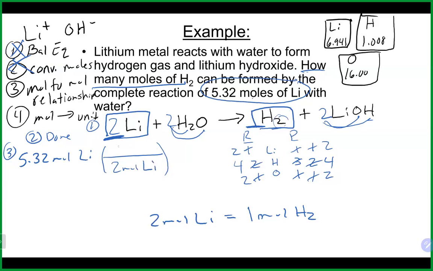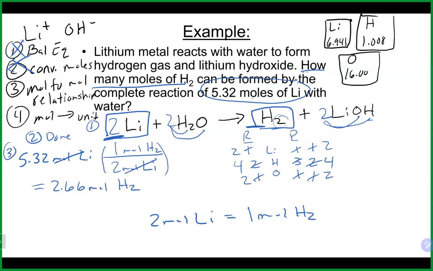Up on top should be 1 mole of hydrogen. The moles of lithium is going to cancel, and that's going to be the stoichiometry. So we're going to divide that by 2. Divide by 2 here. That's going to give us 2.66 moles of H2 in this case.